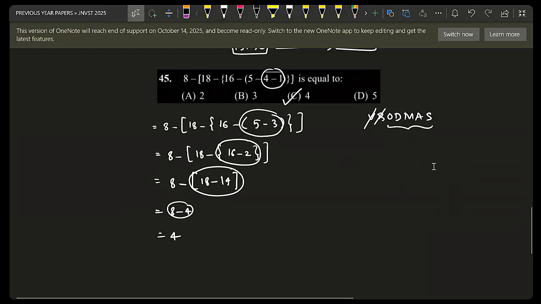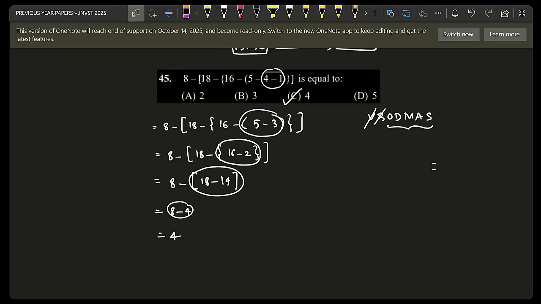Aditi, what is your doubt? Sir, there is a small bracket, right?